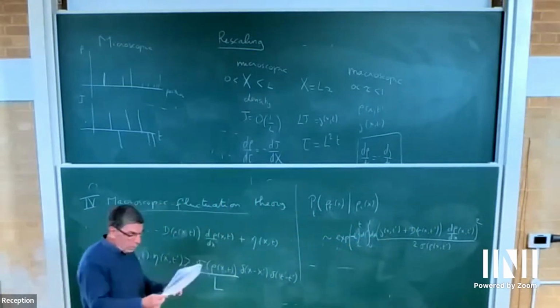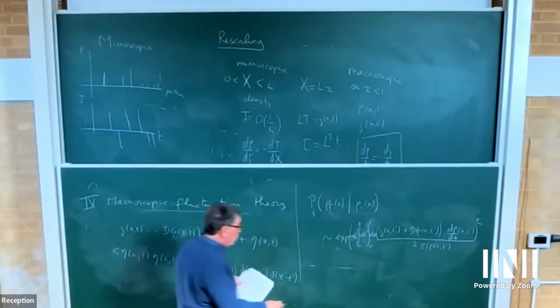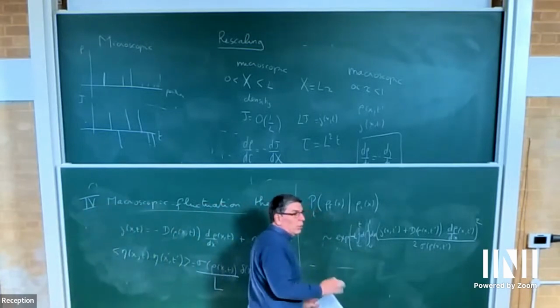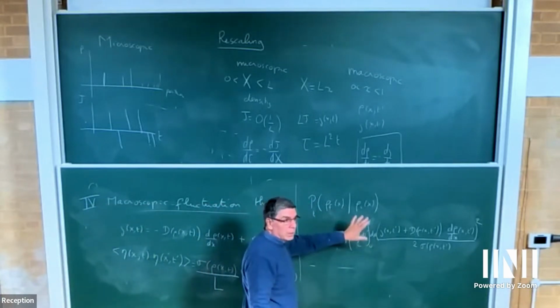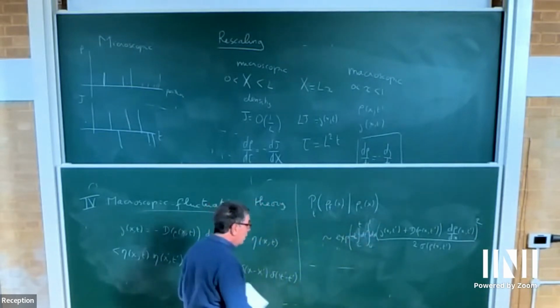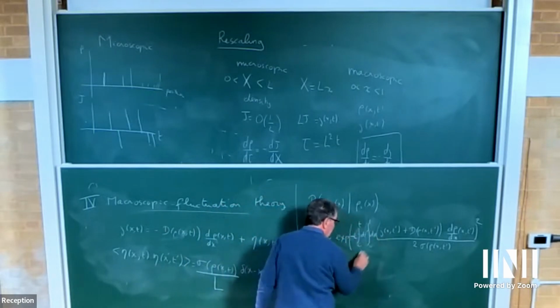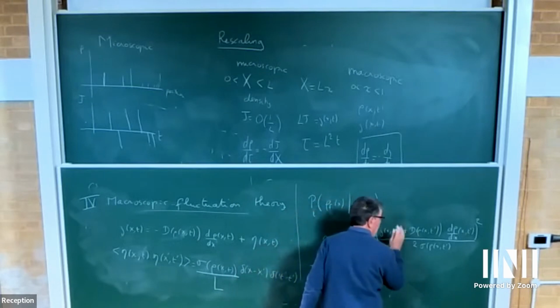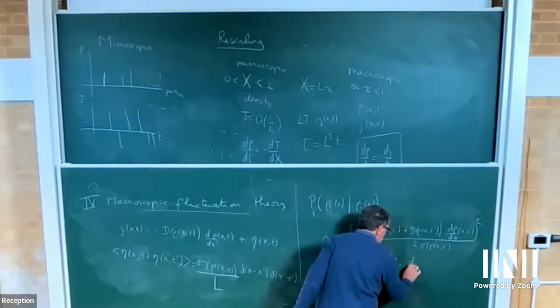Okay. And together with this, when you want to use the macroscopic fluctuation theory, essentially you have this formula and you can apply it to a number of contexts. Now, for general contexts, what you have is this plus the conservation law, ∂ρ/∂t equals minus ∂J/∂x.